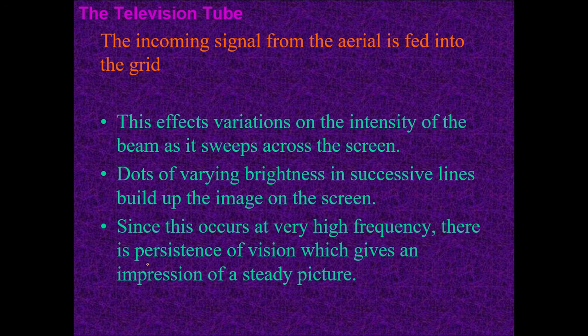So when you connect it to the grid, it makes an impression of a steady picture, instead of connecting it far away on different machines, so that it comes through a series of components before it reaches the grid. It's just connected directly to that particular grid, so that it creates an impression of a steady picture.